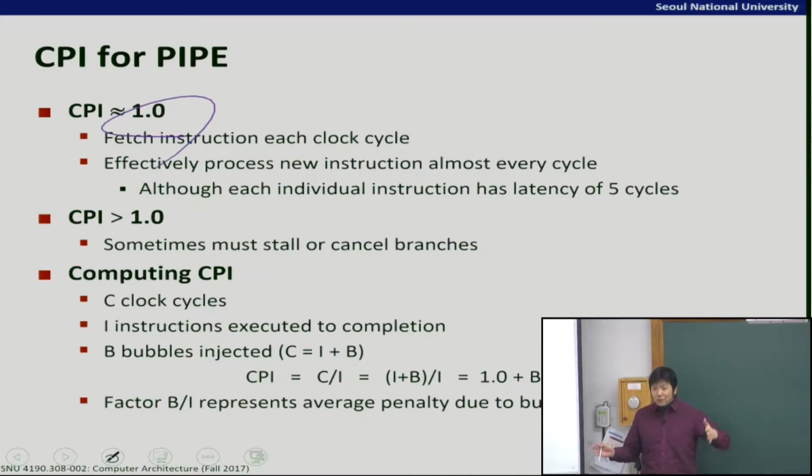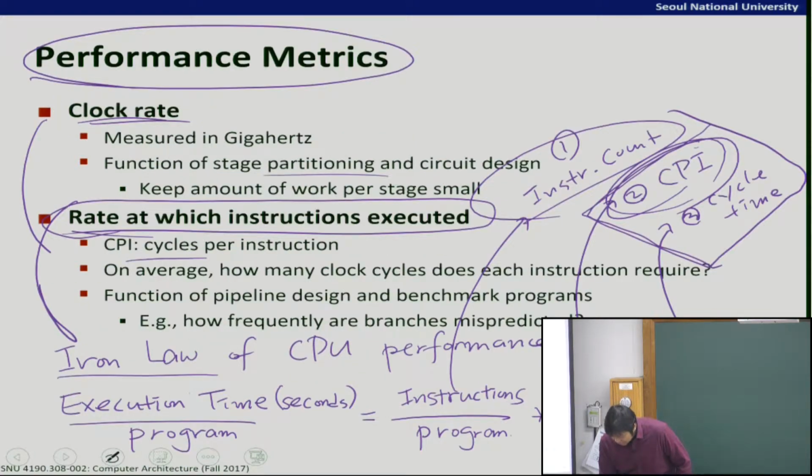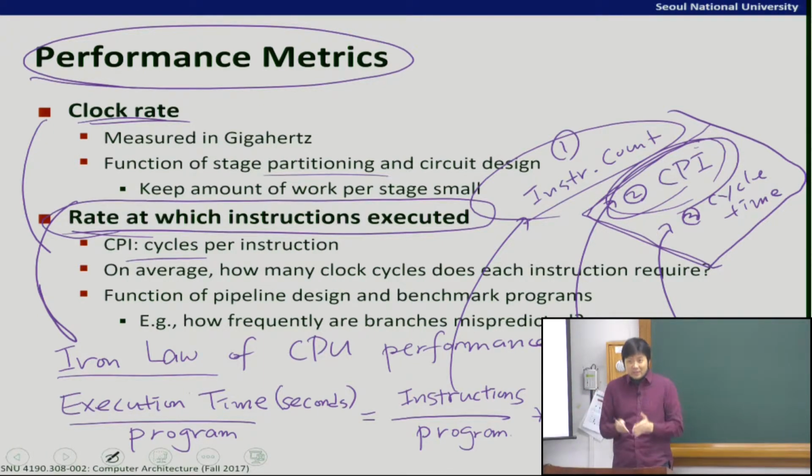Every clock cycle, a new instruction comes in, and every cycle, an old instruction goes out of the pipeline, right? It retires, right? In steady state, every cycle a new instruction comes in and one instruction finishes execution. So if you calculate cycles per instruction over a long period of time, on average we execute one instruction every cycle, right? If you want to get CPI, you have to calculate the total number of cycles it takes to execute your program divided by how many instructions you have executed, right?